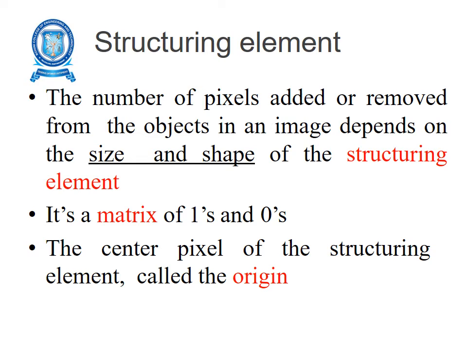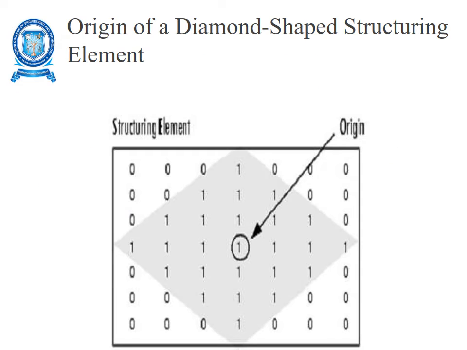In that whole matrix, the center pixel is the origin pixel. We can see in this example the origin of a diamond-shaped structuring element, with different gray levels with zeros and ones. The center pixel is called the origin.